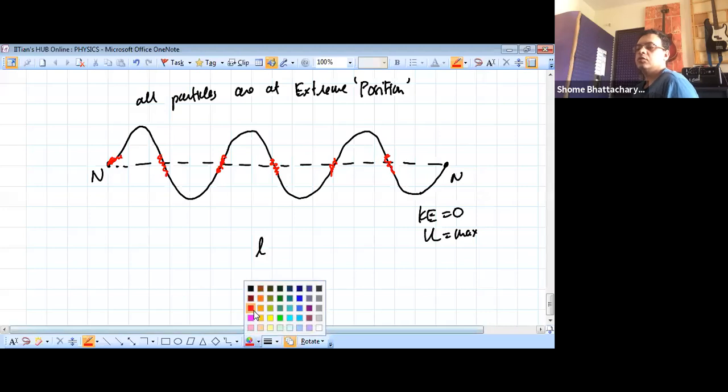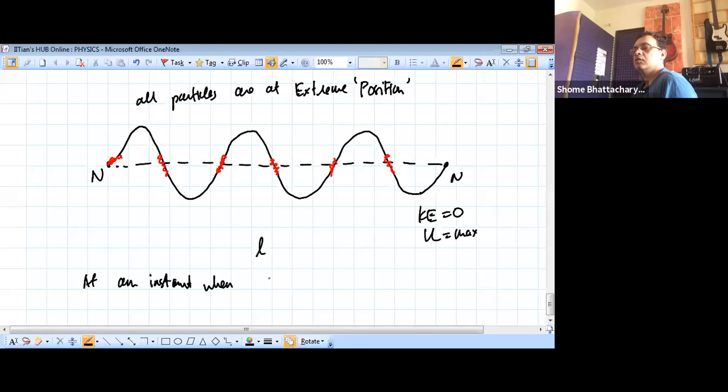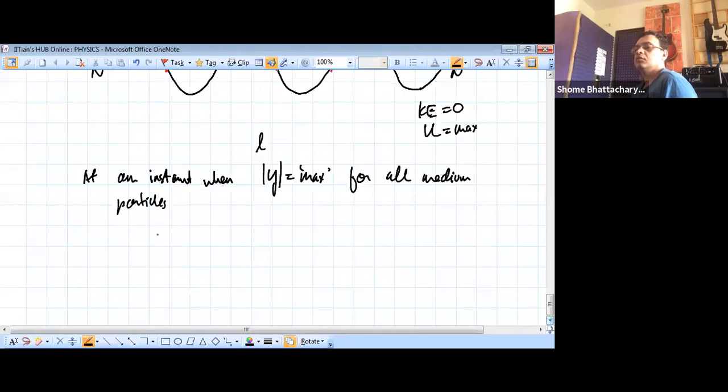So at an instant when mod y is maximum for all medium particles, the mechanical energy is in the form of pure elastic potential energy, because kinetic energy is zero.